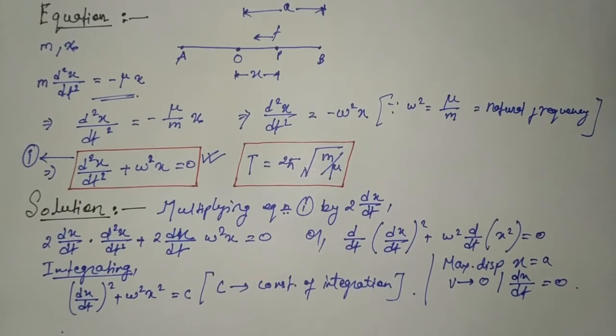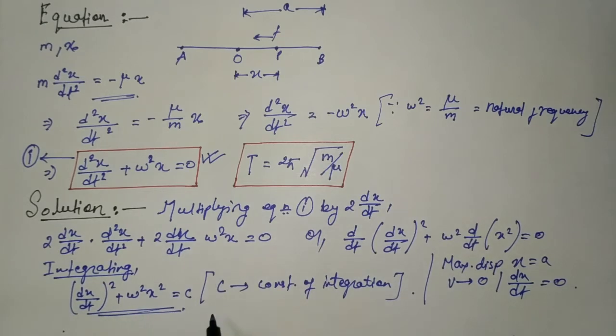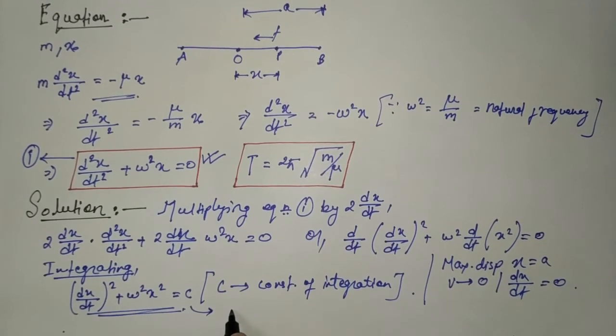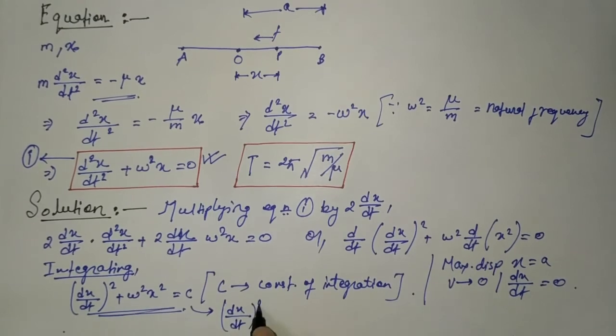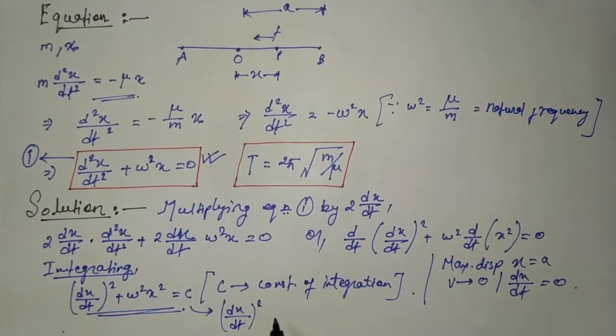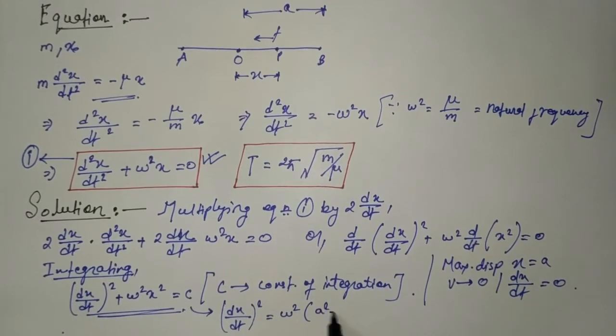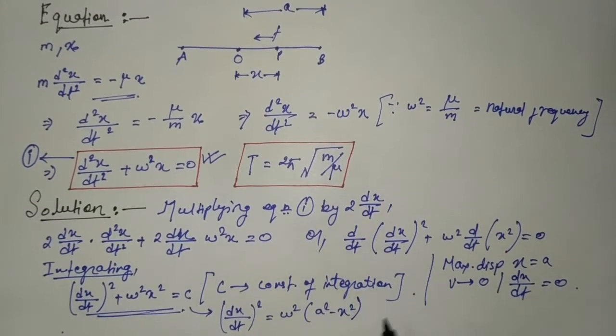Hence, from the above equation, the form we get at extreme points is (dx/dt) whole squared equal to omega squared into (a squared minus x squared).